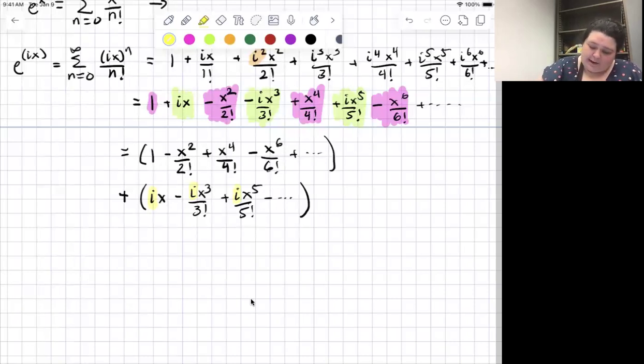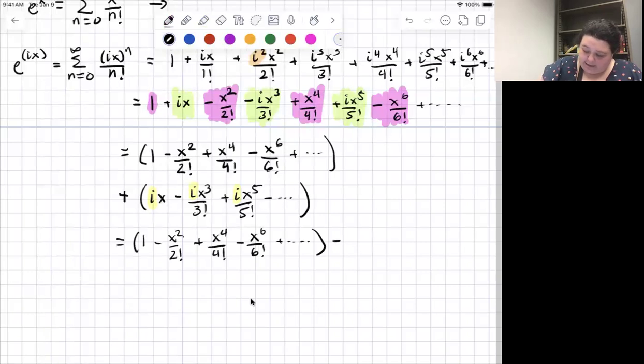Since it's out in front in every single term, I'm going to just pull that out. So I have 1 minus x squared over 2 factorial plus x to the 4th over 4 factorial minus x to the 6th over 6 factorial, etc.